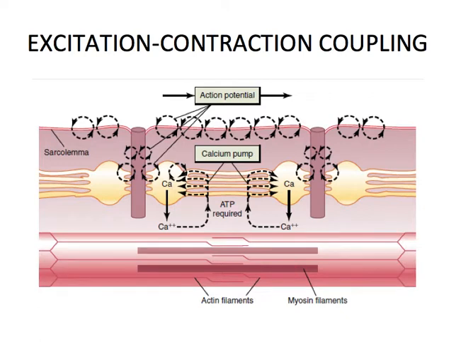So if you are asked to explain excitation contraction coupling: in the first step, the action potential travels along the muscle fiber membrane in the same way the action potentials travel along nerve fiber membranes. Next, the action potential depolarizes the muscle membrane.